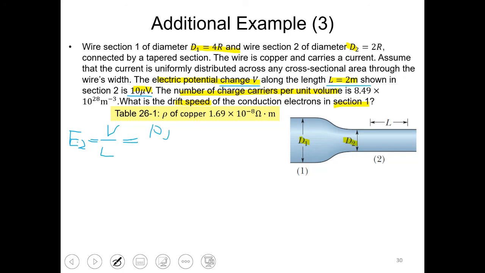So here 10 micro over 2 meter, so it is 5 microvolts per meter, or you can write N over C.